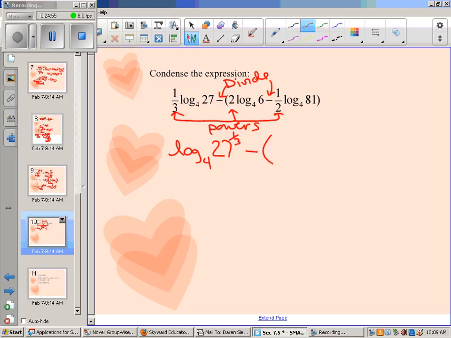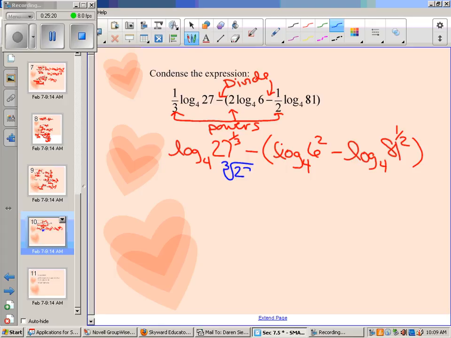Minus, in parentheses, we've got log base 4 of 6 squared, good, minus log base 4 of 2 to the 1/2. Okay, so if you need to see it underneath here, or instead of 27 to the 1/3, you could write cubed root of 27.